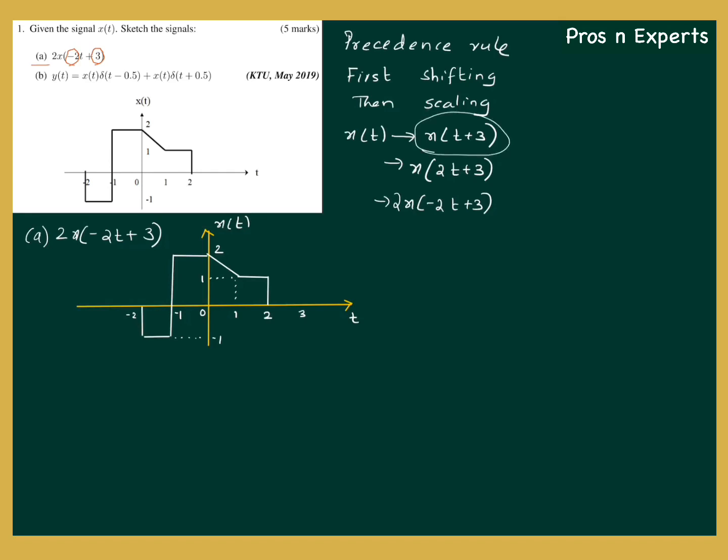So what is x of t plus 3? x of t plus 3 is nothing but shifting x of t by 3 units to the left. So what we will get is, the amplitude at minus 2 is shifted 3 units to the left, so it comes to minus 5 in this signal.